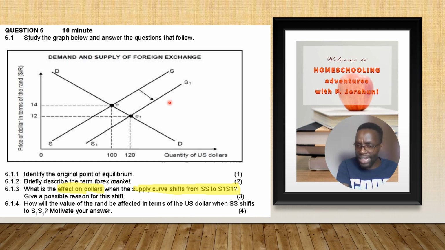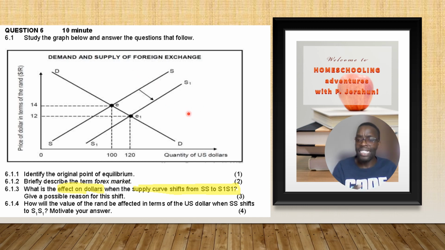Okay, and then the other reason that could also be why we now have the supply curve shifting to the right is an increase in investment by Americans in South Africa. In other words, if we have an American company that is investing in South Africa, through FDIs or portfolio investments or through any other things like loans, it causes the supply curve to shift from S to S1.